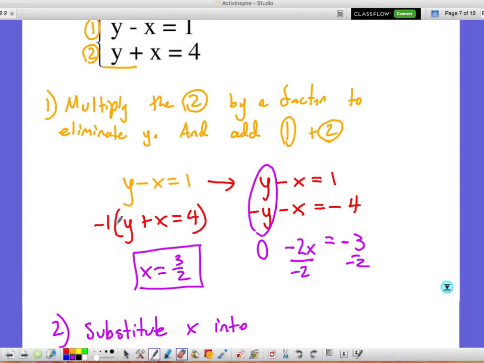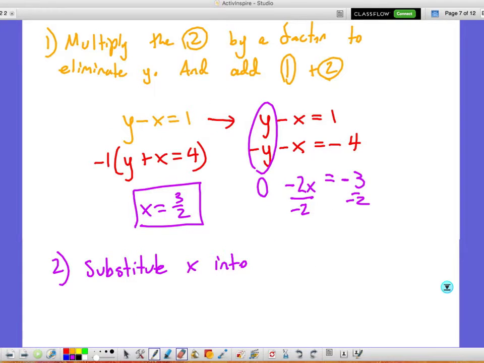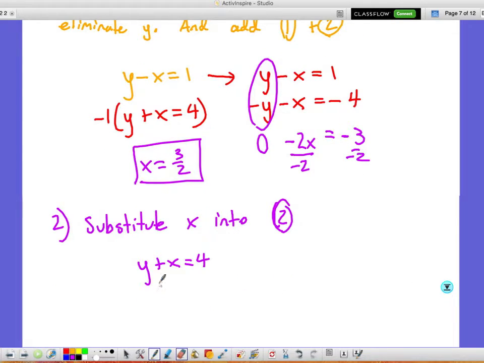So we actually multiplied the second equation, and so we need to plug x into the second equation. So the second equation was y plus x equals 4, and so what we need to do is go ahead and plug in 3 over 2, which is basically 1.5. Plug it in, y plus 1.5 equals 4.